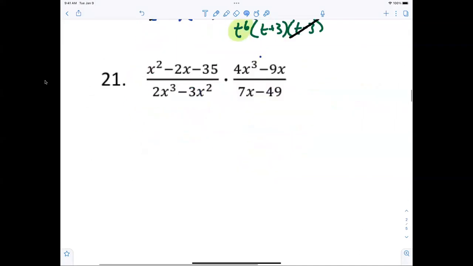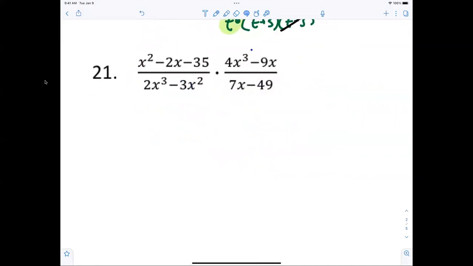Number 21. All right, I need some help with the numerator of the first fraction. Say it, come on. You're good, buddy. X minus 7. And x.